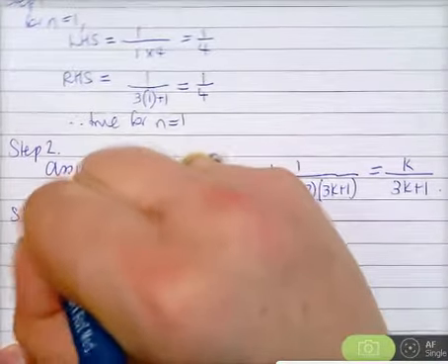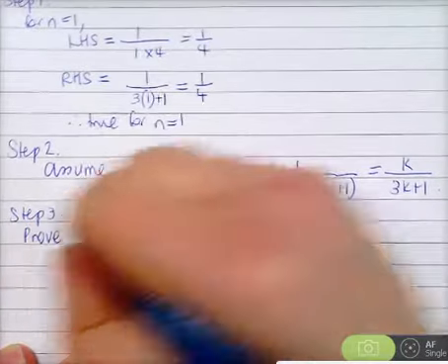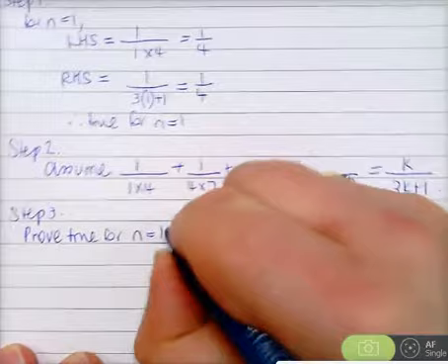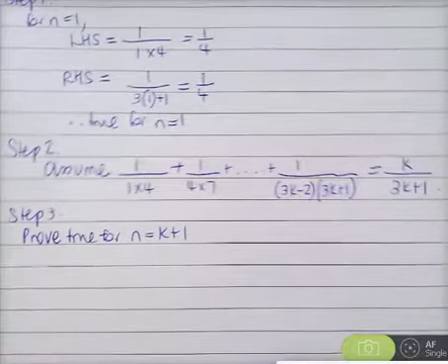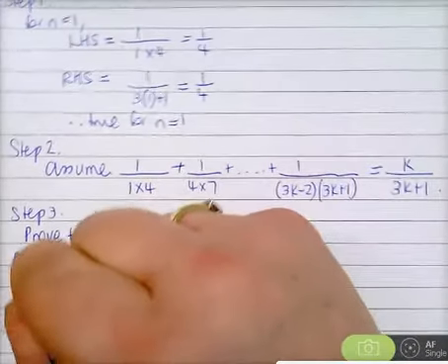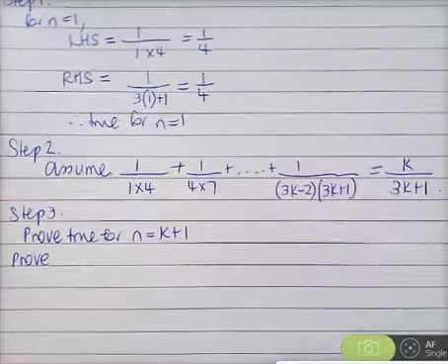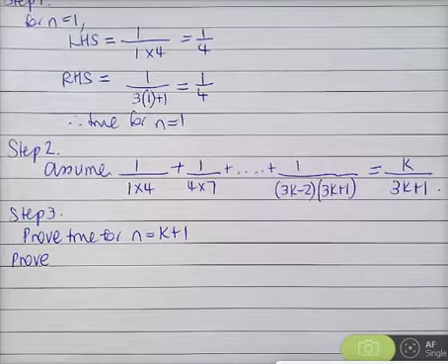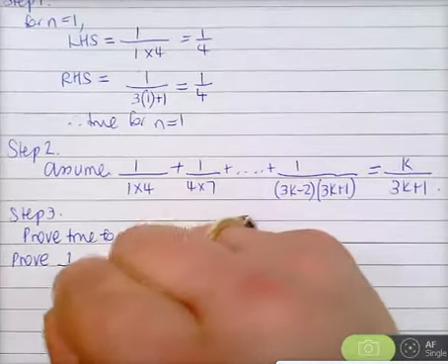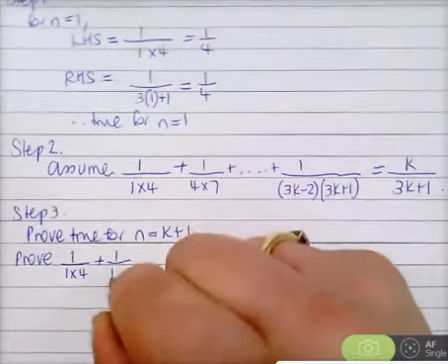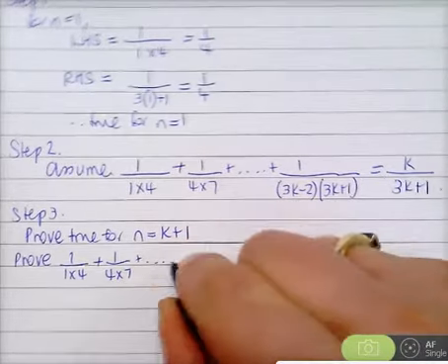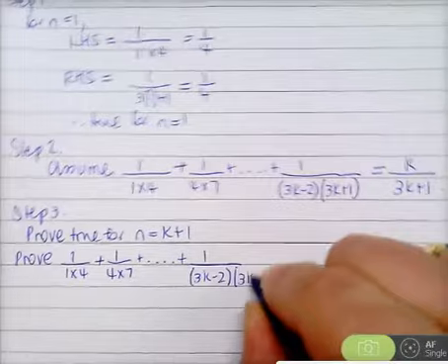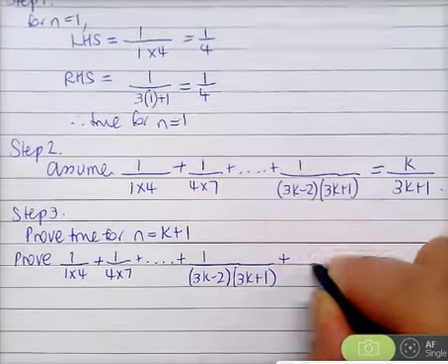Step 3, you have to prove, I'm going to write prove true for n equals k plus 1. What am I trying to prove? In other words, what do I write on the left-hand side? I write it all out, plus the next one, plus, write out the k terms, then write out the k plus 1th term.